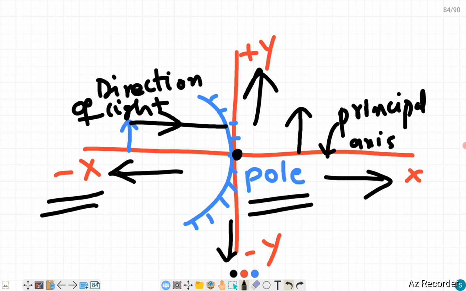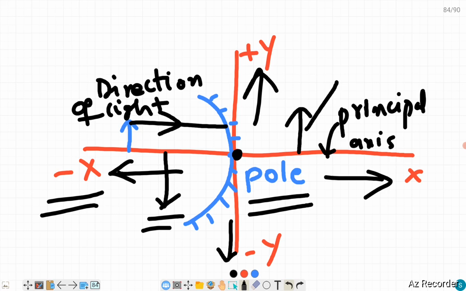Whenever we have real images, they will always be on the negative x-axis, and virtual images will be above the principal axis, and real images will be below it. That's why we just need to learn this much only. While solving the problems, you will easily understand how we are taking the sign convention.